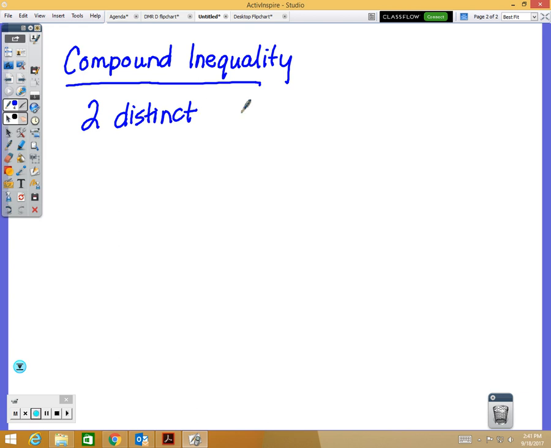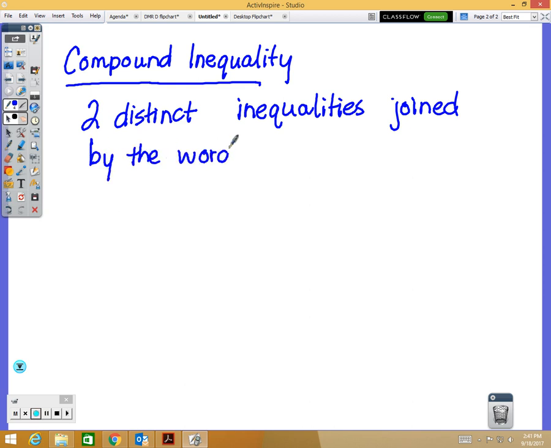Two distinct inequalities joined by the word and, or. So it's two different types of things there.